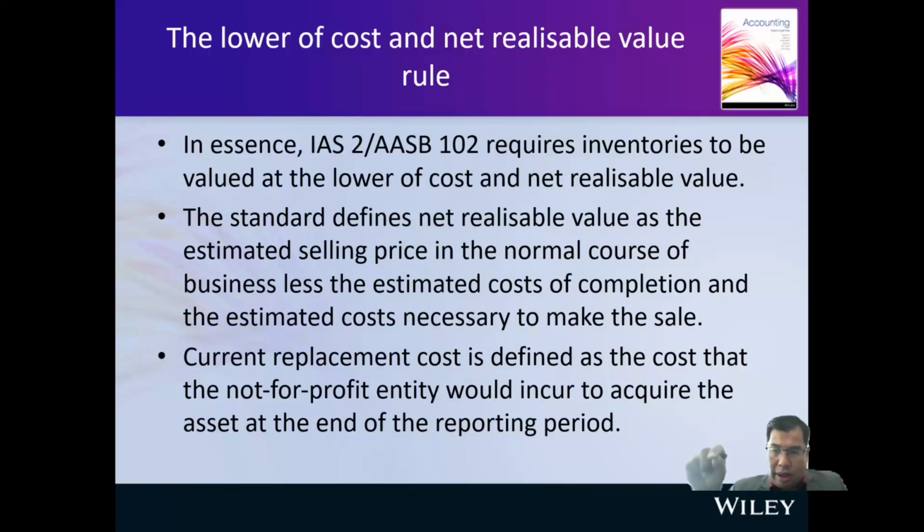You need to compare the cost of inventory that you determine using FIFO, LIFO, or weighted average with the net realizable value. If your net realizable value is higher than the cost, you're going to record the cost value. But if the net realizable value is lower than the cost, you're using the net realizable value as your inventory value.